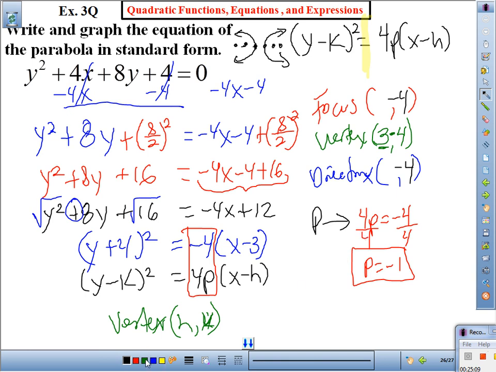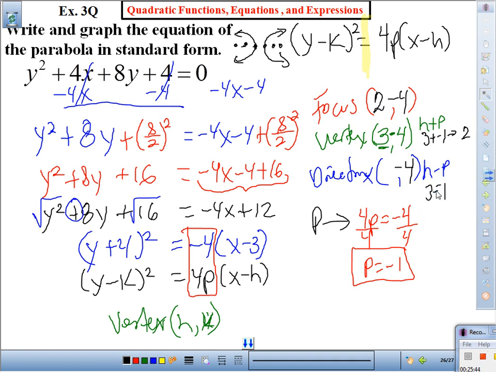Tell your neighbor, please. That is correct. H plus p and h minus p. So, what is h? 3. What is p? Negative 1. So 3 plus negative 1, and that gives me 2. That goes right there. 3 minus negative 1.